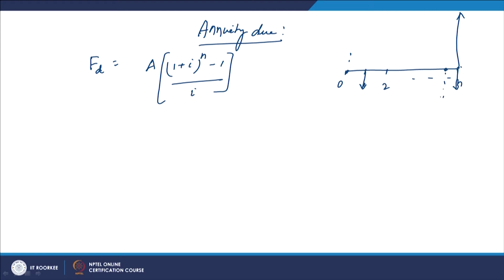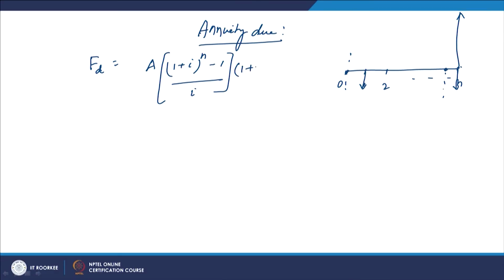So the future value calculated here will have one more interest period to its account. So you will have to multiply with the F by P factor, that is 1 plus I. So that becomes the case of annuity due, and you can see one example.